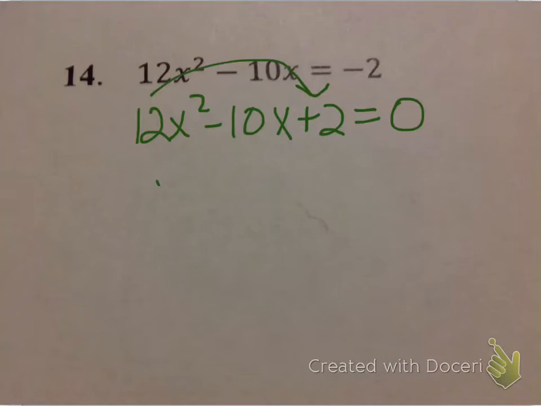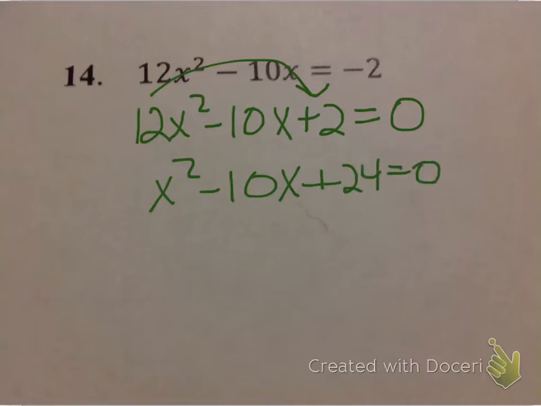So if I multiply the 12 to the end, so x squared minus 10x plus 24 equals 0. This is going to be x minus 6 and x minus 4. Because when you multiply those numbers, you get 24, and when you add them, you get negative 10.